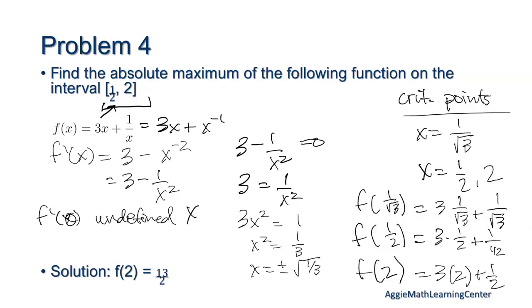So 0 is not in the interval, so we don't really care what it is at 0. Does that make sense? Yeah. Any other questions? So once you find your critical points, make sure that they're in the interval. This one it took a little bit of effort to make sure that it was in the interval, but then plug them all in to get your absolute maximum.